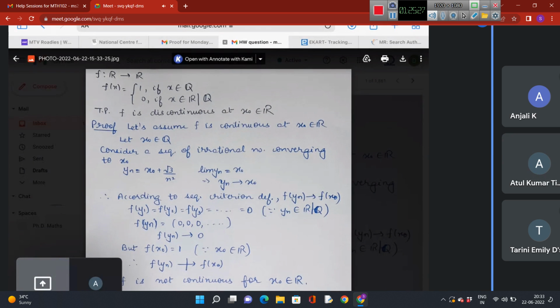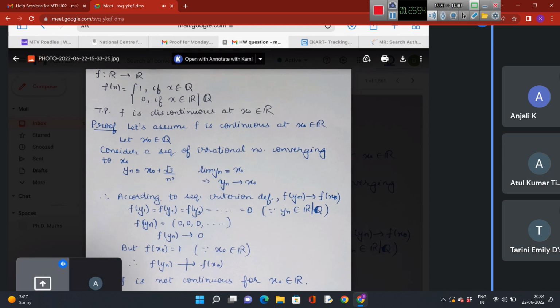I don't think the proof is easy with the help of the epsilon delta definition.